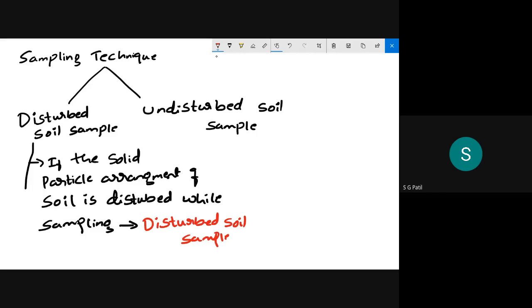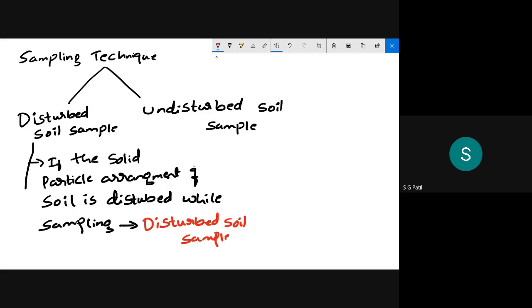So a sample is called a disturbed soil sample if the solid particle arrangement of the soil is disturbed while sampling. If you are able to preserve the arrangement of the solid particles while sampling, then those are called undisturbed soil samples.